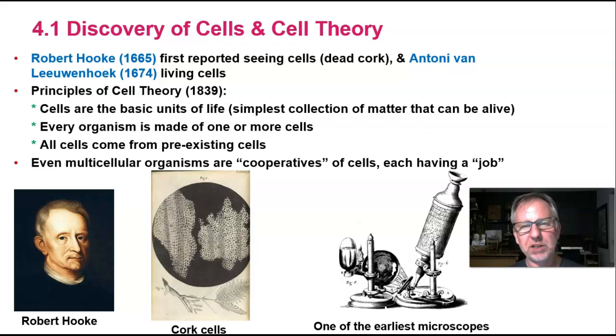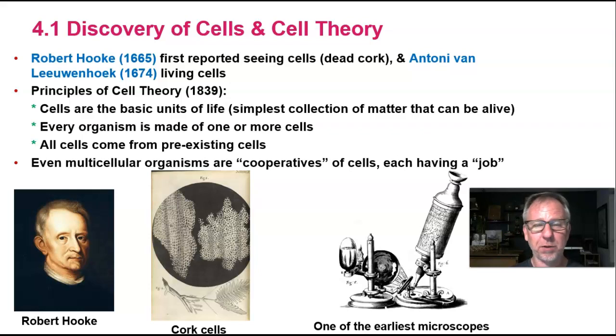Those general principles include, number one, that cells are the basic units of life. They are where the properties or the chemistry of life takes place. Another way to put it is that cells are the simplest collection of matter that can still be alive, kind of like how an atom is the smallest, simplest particle that shows the properties of an element.